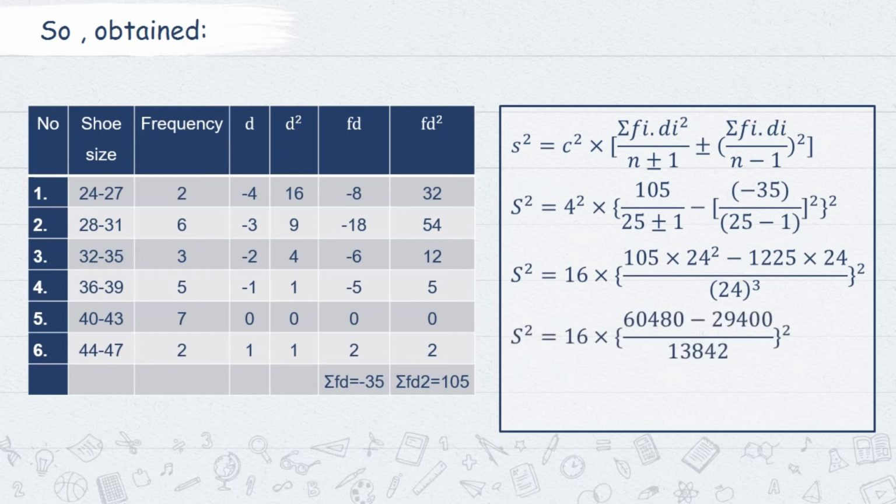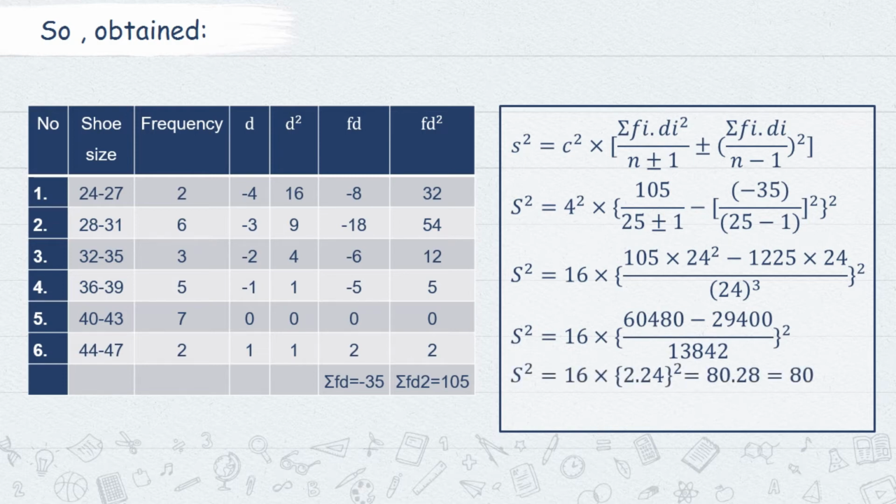So S squared equals 16 multiply 60,480 minus 29,400 divided by 13,842 squared.